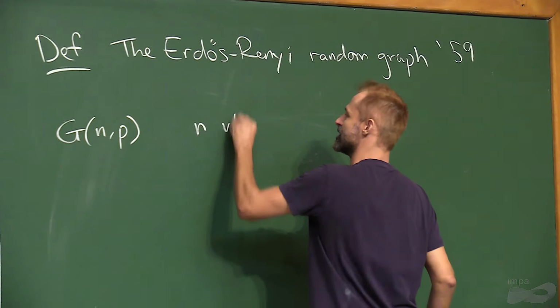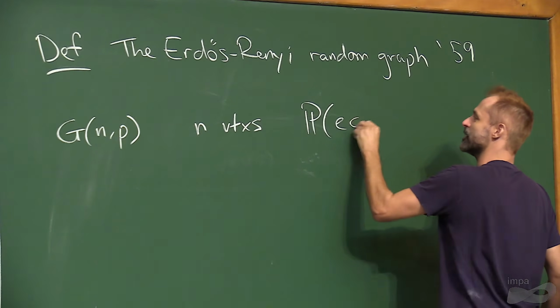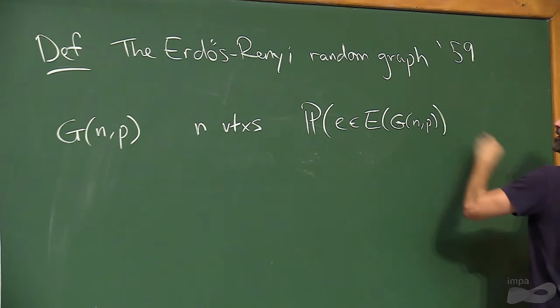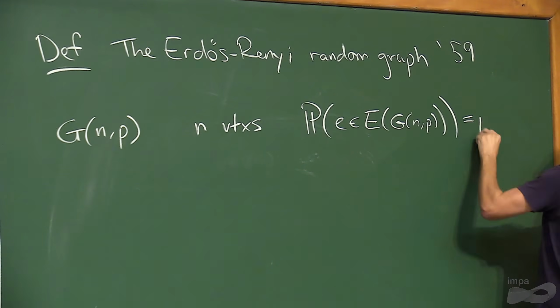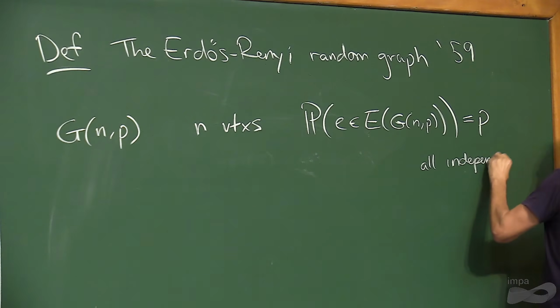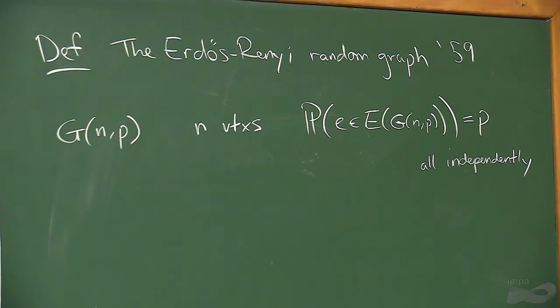It has n vertices, and for each pair e, the probability that e is an edge of G(n,p) equals p, all independently. So for each pair, you toss an independent coin. With probability p, it comes up heads, and you put the edge in. With probability 1 minus p, you don't.